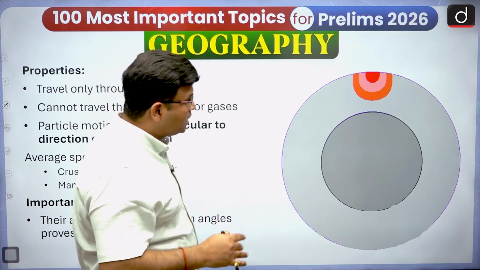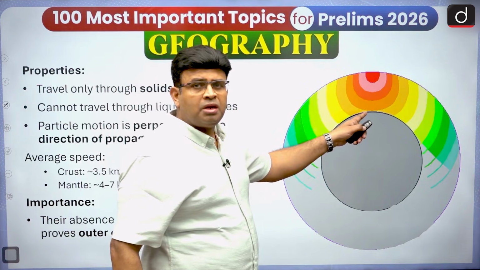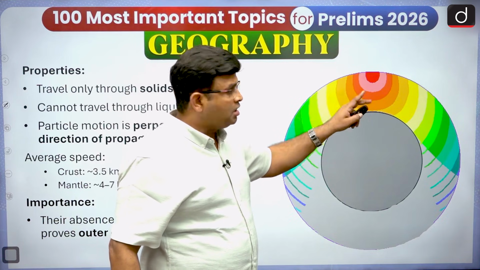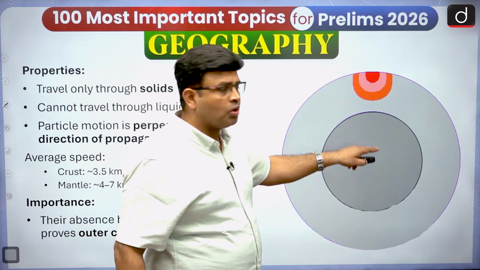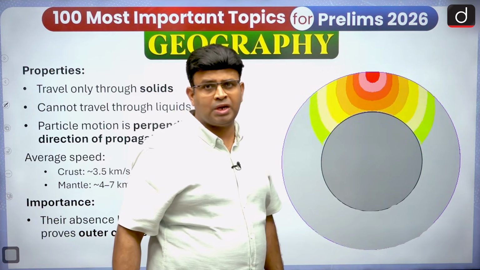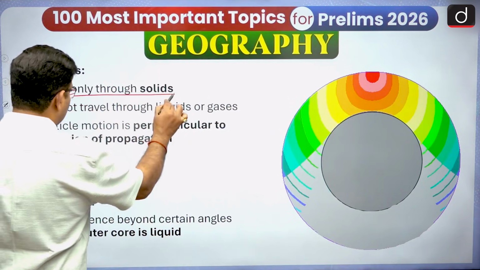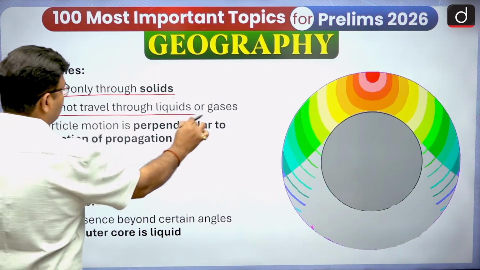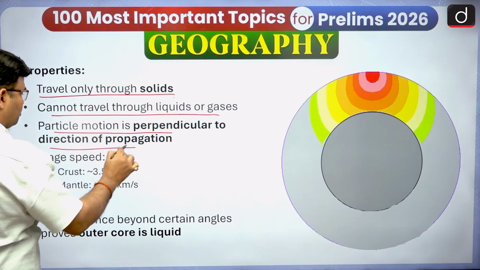It has been found that the S wave disappears after 2900 kilometer depth. Geoscientists have observed that below 2900 kilometer there is liquid. So S waves travel only through solids, cannot travel through liquids or gases. Particle motion is perpendicular to the direction of propagation.